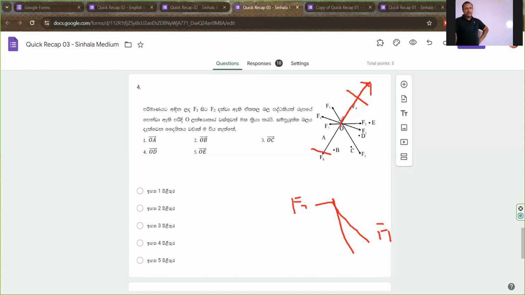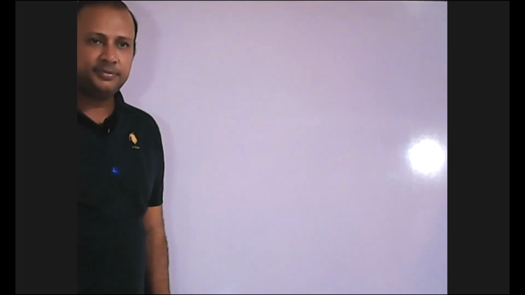Therefore, most probably the resultant should be close to the OC direction. Understood?